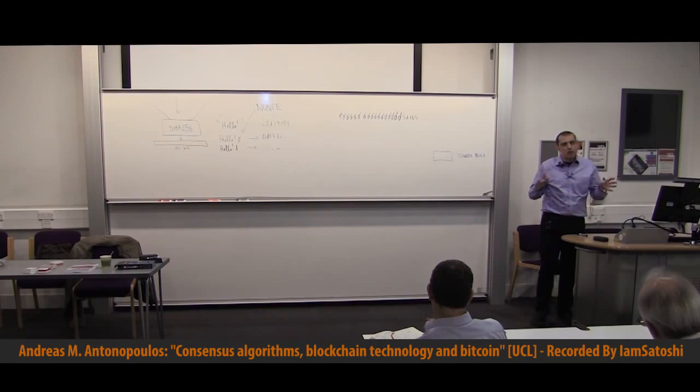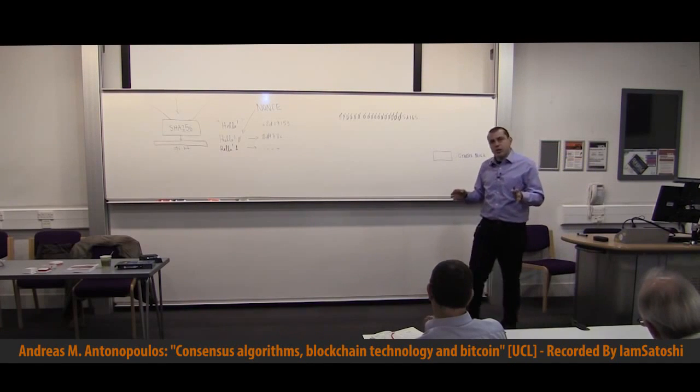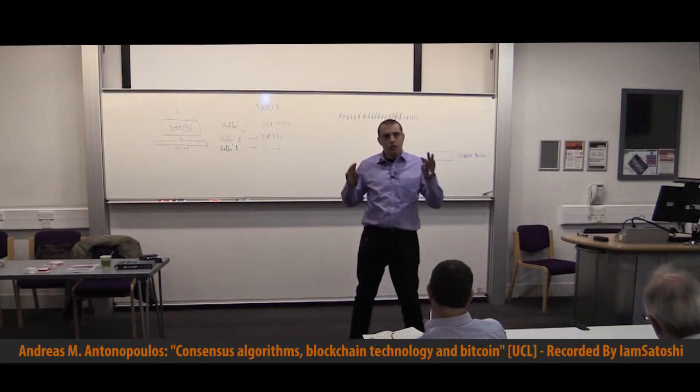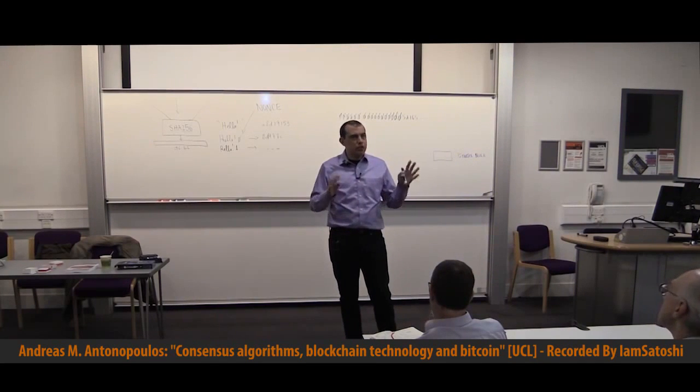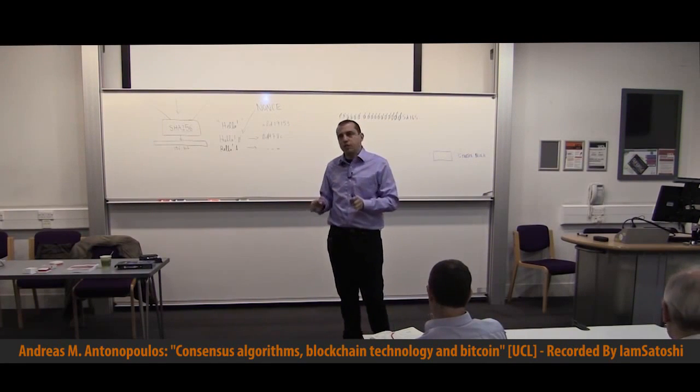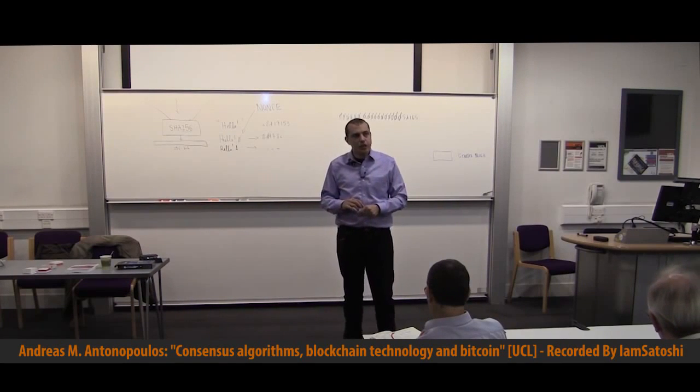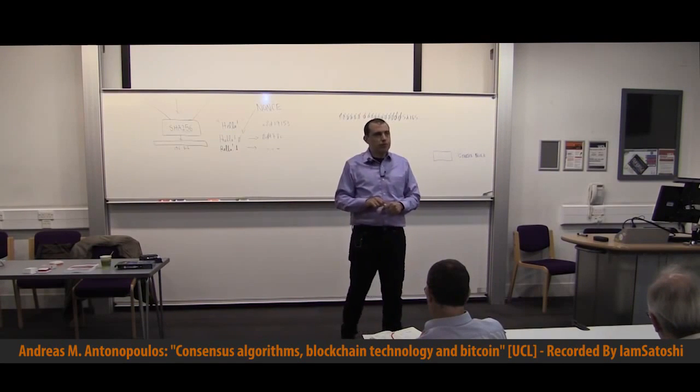The first block is actually embedded in every version of Bitcoin. So every piece of software that implements the Bitcoin consensus algorithm has within it statically defined the genesis block, including the genesis block's hash, its fingerprints.